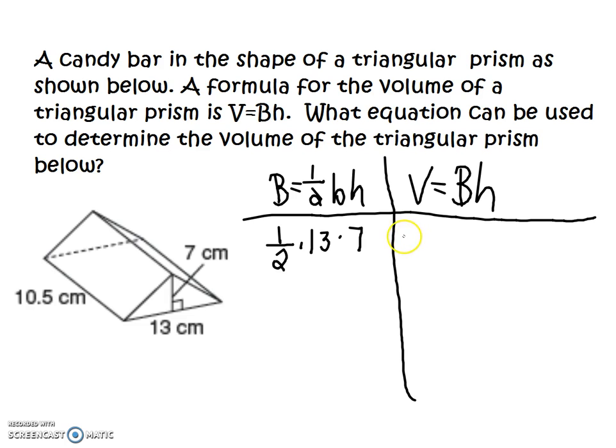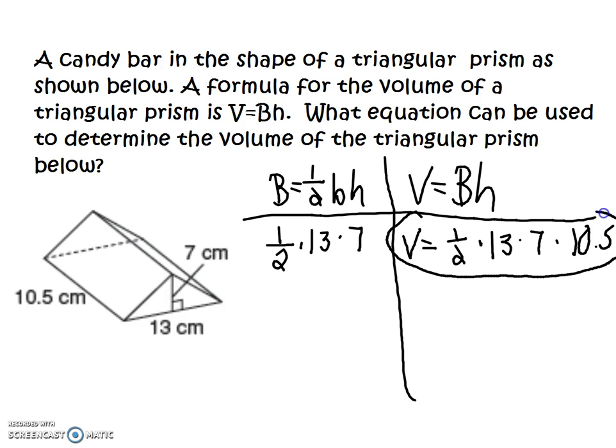And the volume would be this, 1/2 times 13 times 7, times the distance between the two triangles, so times 10.5. So this would be the answer.